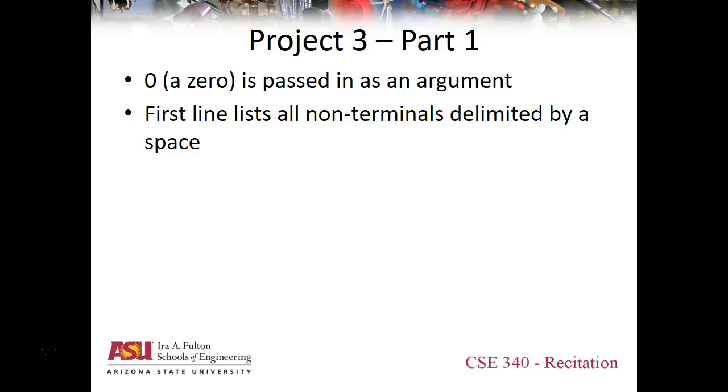So the first line of this summary is going to list just all the non-terminals delimited by a space. There are a bunch of different ways to do that, but they're listed in the order that they're encountered. This is kind of important. I was actually just thinking, hey, I could take the first line from the input file and just print that back out, and that'd be my list of non-terminals.